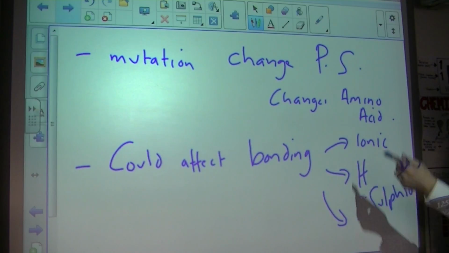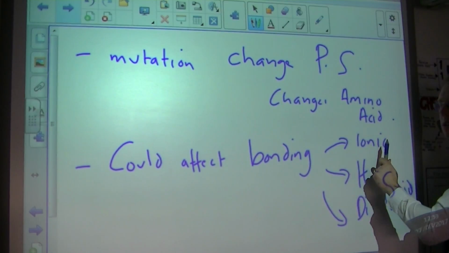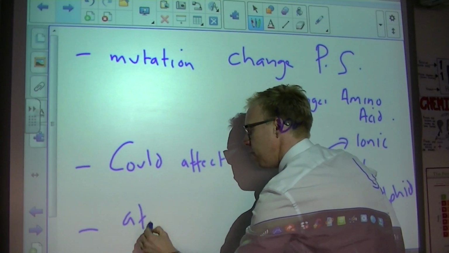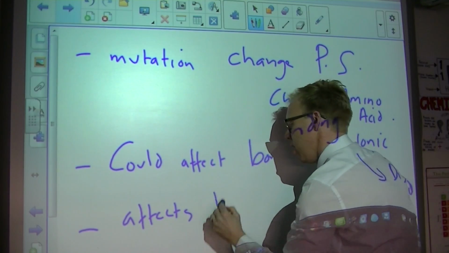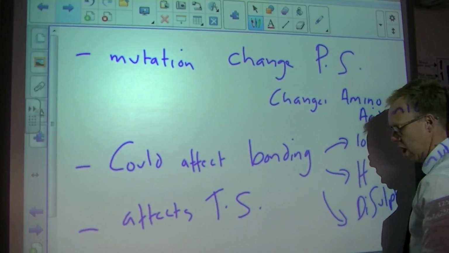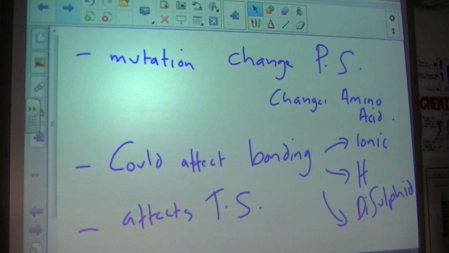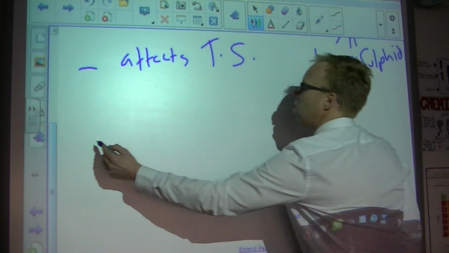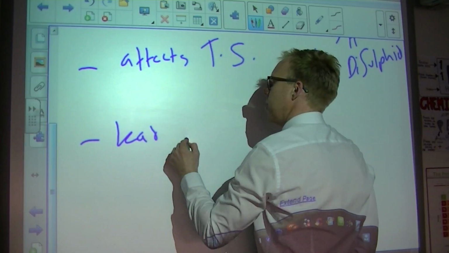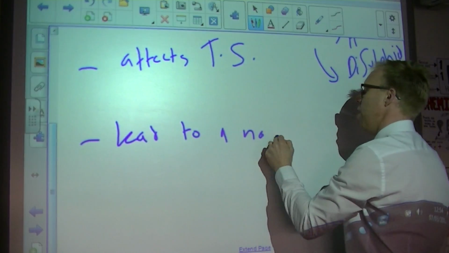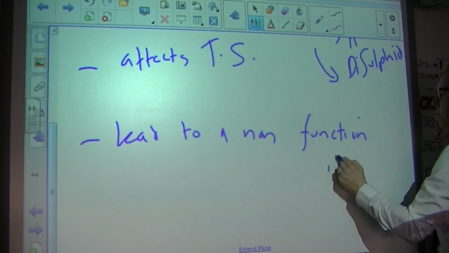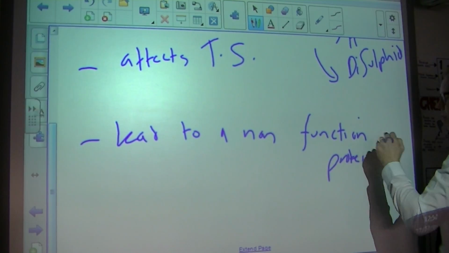So it might be that the mutation changes the amino acid, which affects the bonding, which affects the tertiary structure, and this could lead to a non-functioning protein.